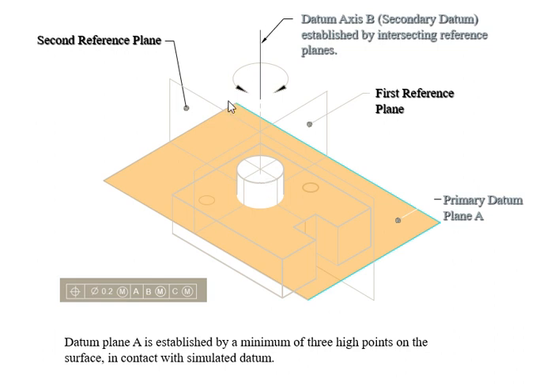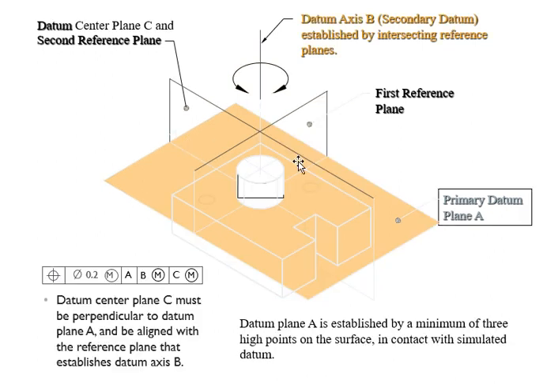Here's your axis at the center, across those 2 planes, and that's your datum axis B, which is your secondary datum, established by the intersecting reference planes right there. The third one is going to be your tertiary.